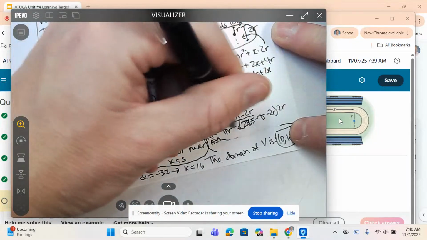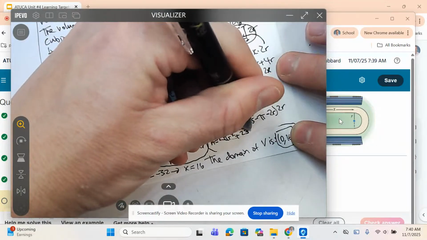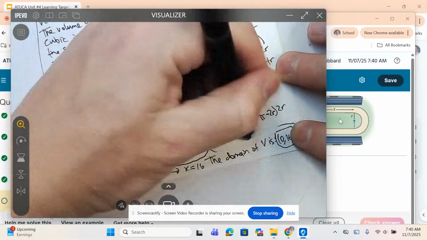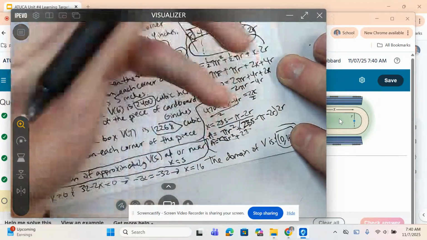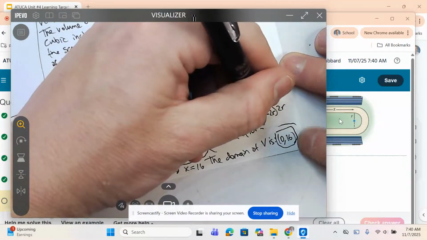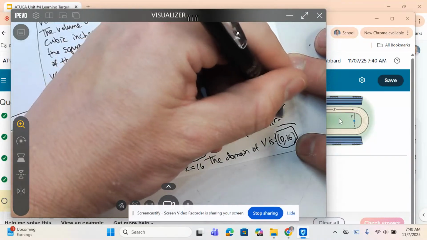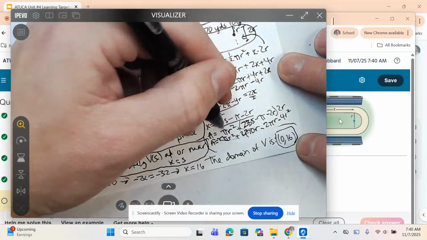So the area is going to equal pi r squared plus 235, actually double that, 470r minus 2 pi r squared minus 4r squared.